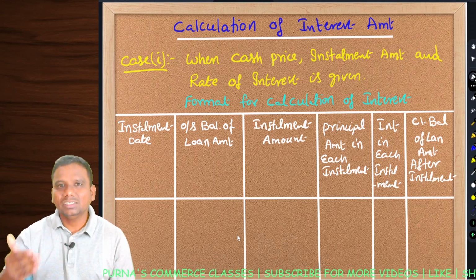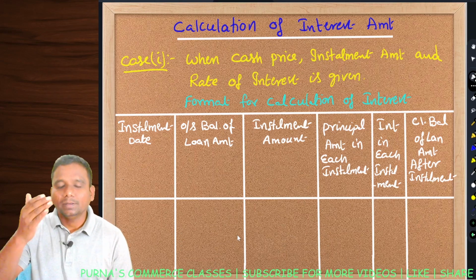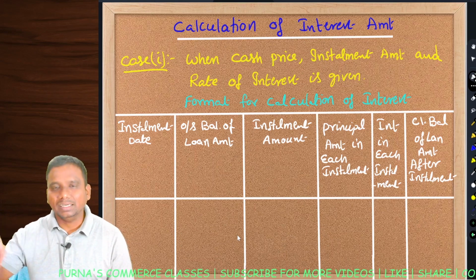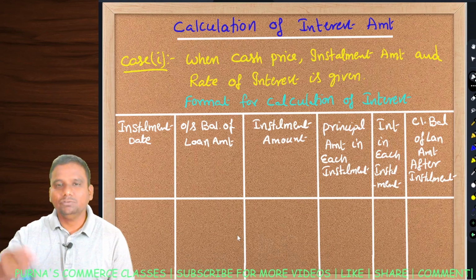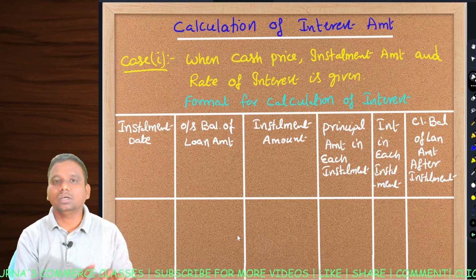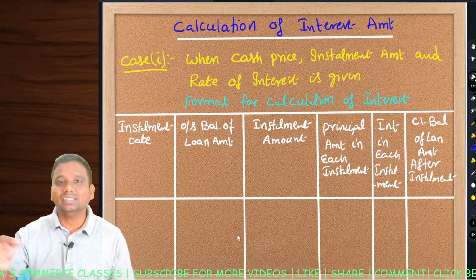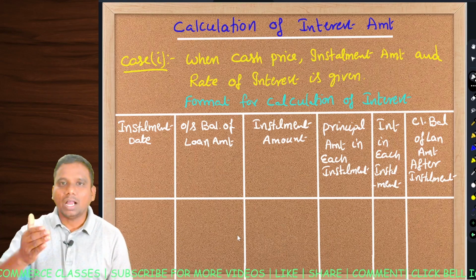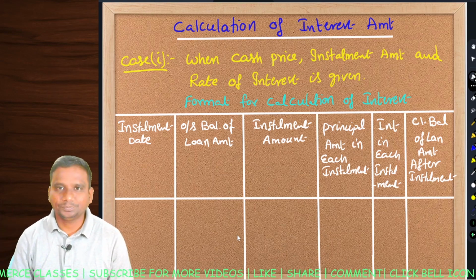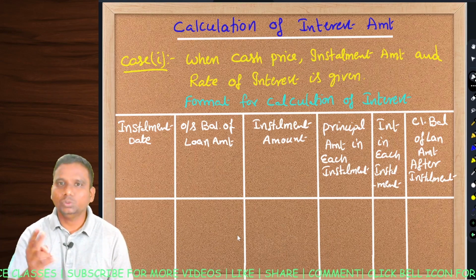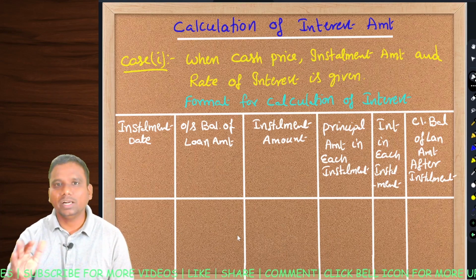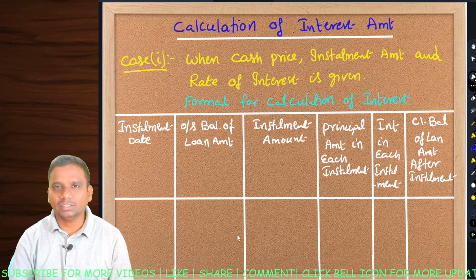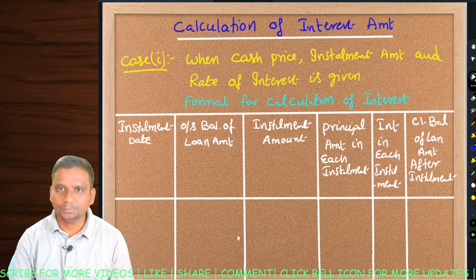To calculate these two amounts, the examination problems contain different information. Suppose I need to calculate interest. For calculation of interest, you need basically two things: loan amount outstanding and rate of interest. If you know these two factors, then you can calculate the interest portion.